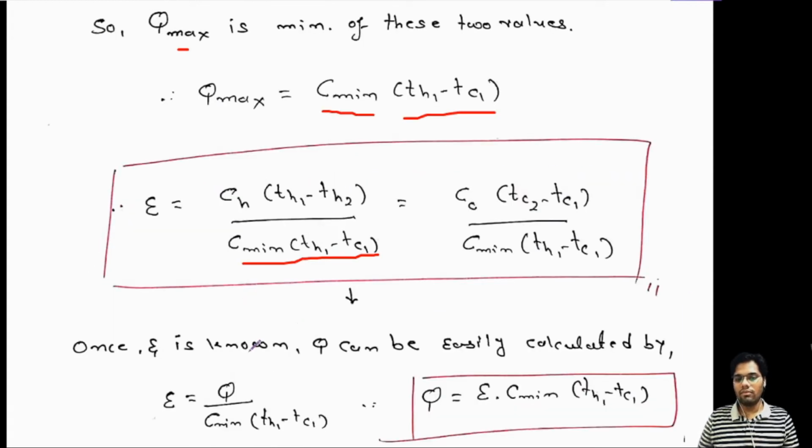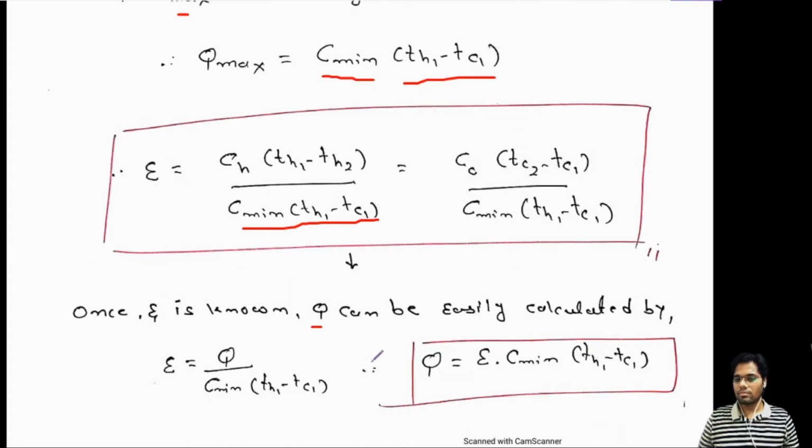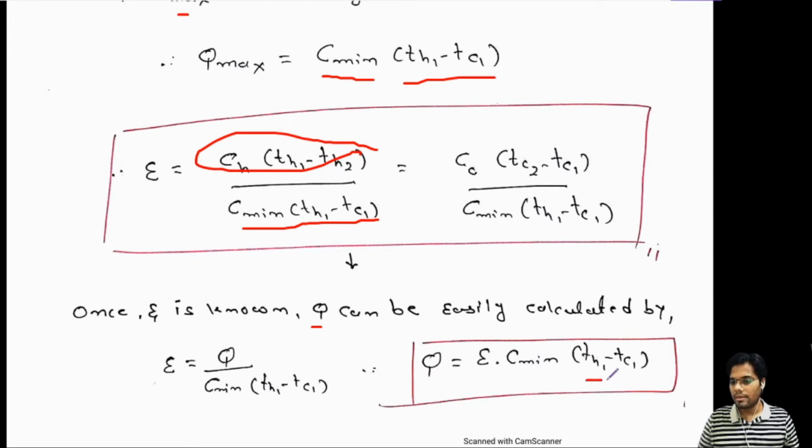Once the effectiveness is known, we can easily find out Q by this equation: effectiveness is equal to Q divided by C min into T h1 minus T c1. So Q is equal to effectiveness into C min into T h1 minus T c1. Here you can see that we only need the inlet temperatures, T h1, the inlet temperature of hot fluid, and T c1, the inlet temperature of cold fluid.